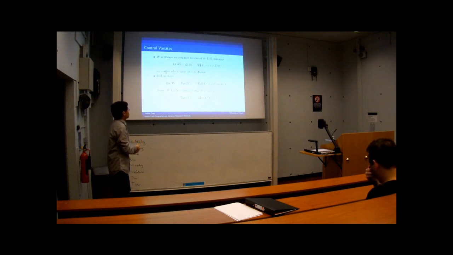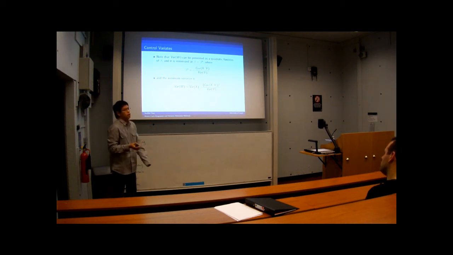Since we can see this equation as a quadratic function of beta, we compute this, and we got it is minimized at beta equal to beta star, where beta star is equal to minus covariance of X and Y over variance of Y. So we put this beta star into the equation here. We got the minimum variance is this one.